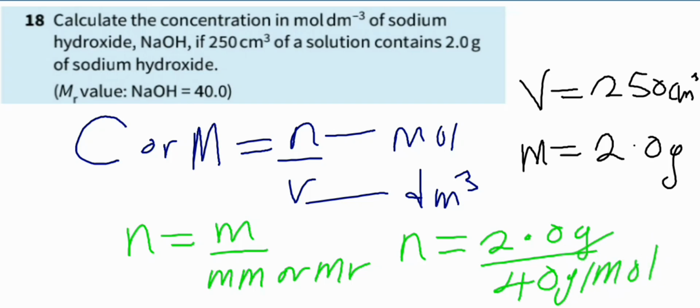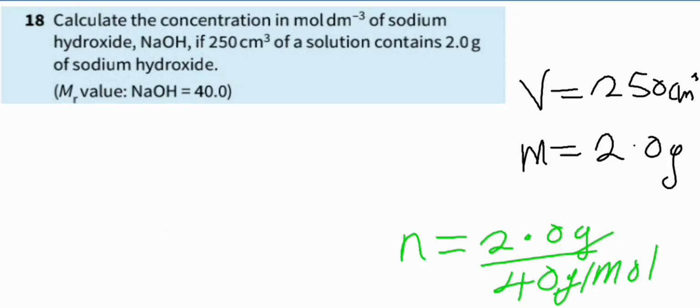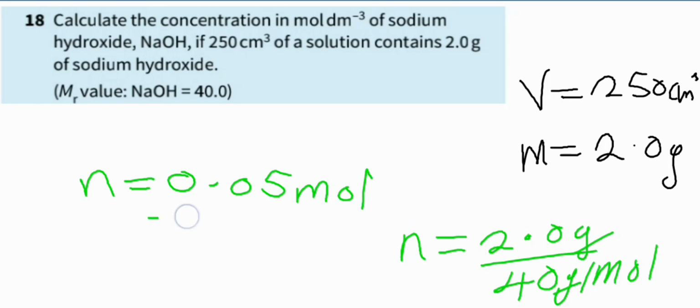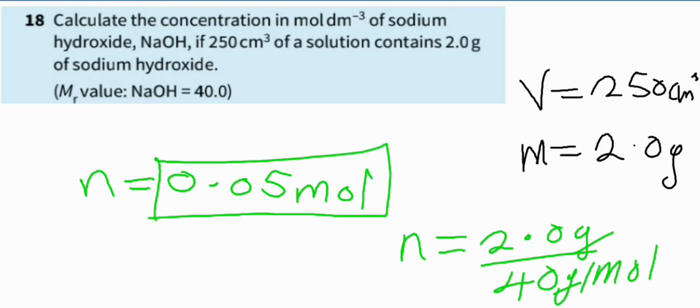Then gram and gram are going to cancel each other. So when I divide, the number of moles is just going to be 0.05 moles.